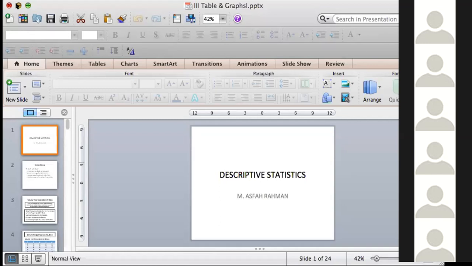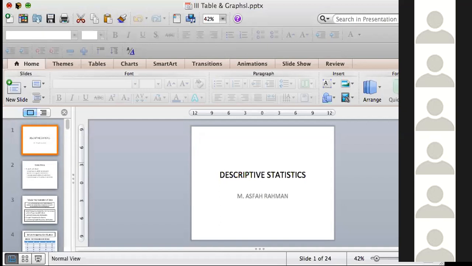So what we have in the first part is presenting the data using table and graphs, okay, to make the data meaningful to the reader. And then you have to process that and present it in a better way. So the first one is by using table. We call it tabular representation, and the second one by graphs.